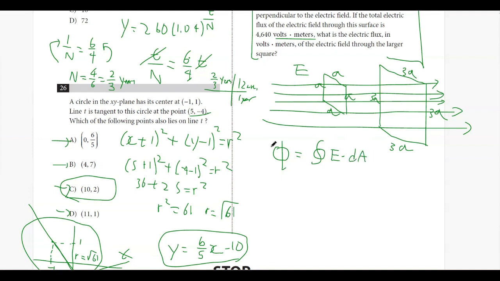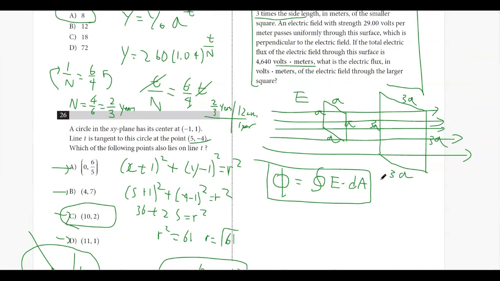This is known as Gauss's law. Like I said, I don't really think the SAT is going to ask you this kind of question, but anyways, I'll explain how you can get the answer.